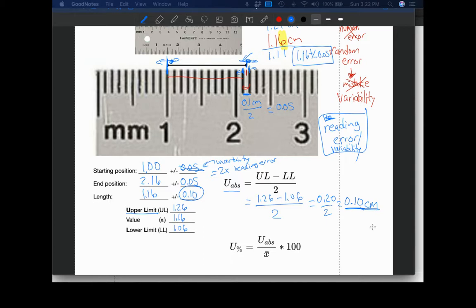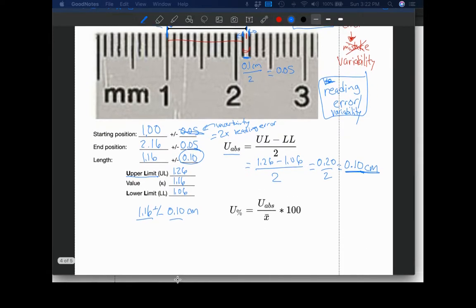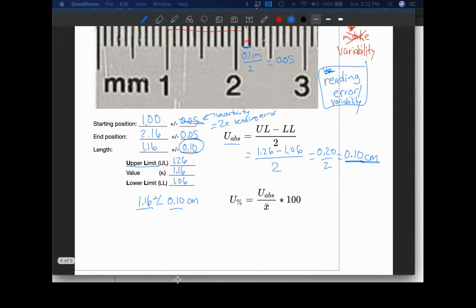And that's kind of critical, that the absolute uncertainty is plus or minus 0.10 centimeters. The value of 1.16 and the uncertainty of 0.10 are both expressed in centimeters. So with the absolute uncertainty, we're expressing the uncertainty in absolute terms.